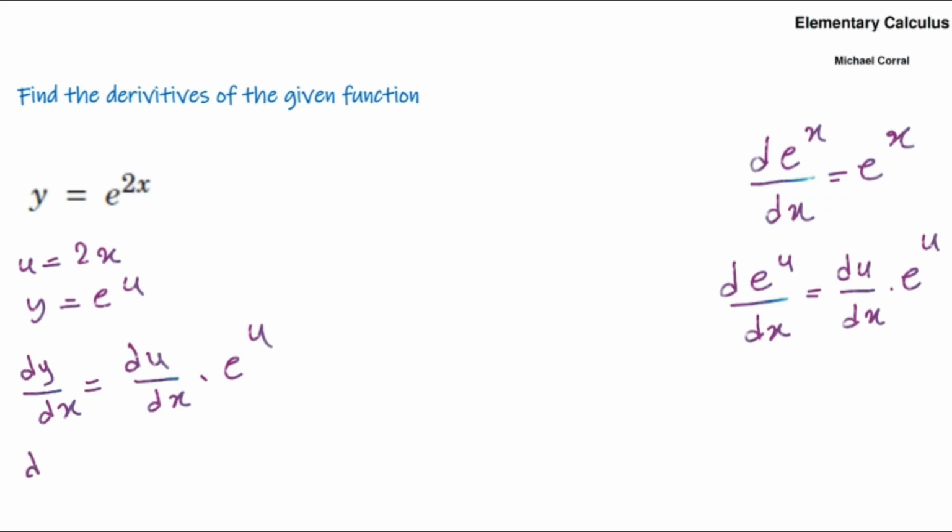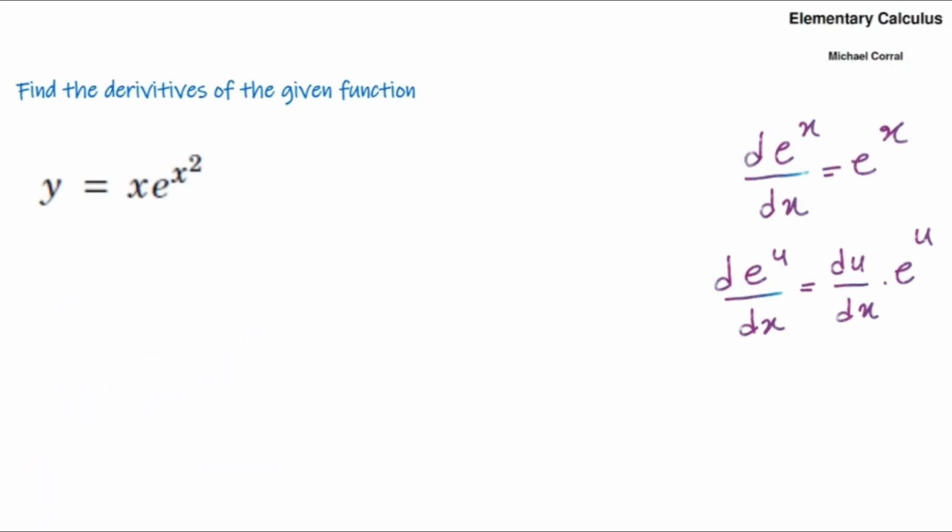So the derivative of y equals the derivative of u with respect to x, which is 2, times e to the power of 2x. The next function is y equals x times e to the power of x squared.